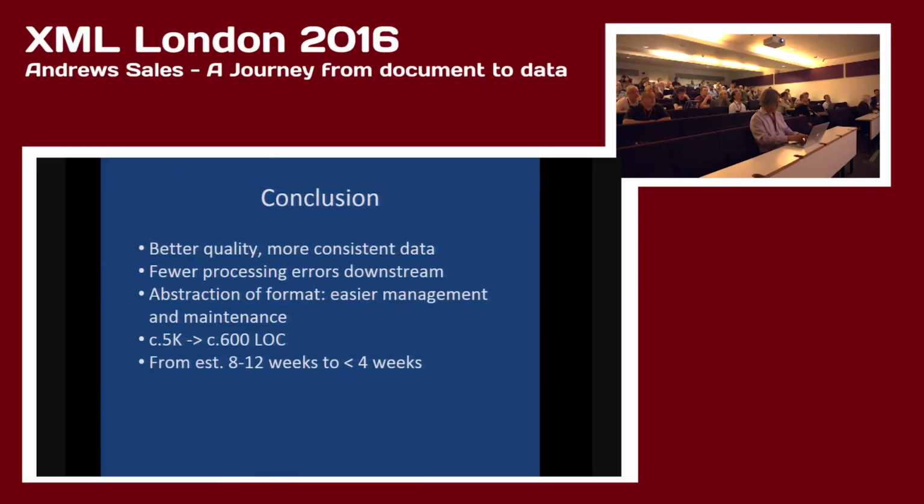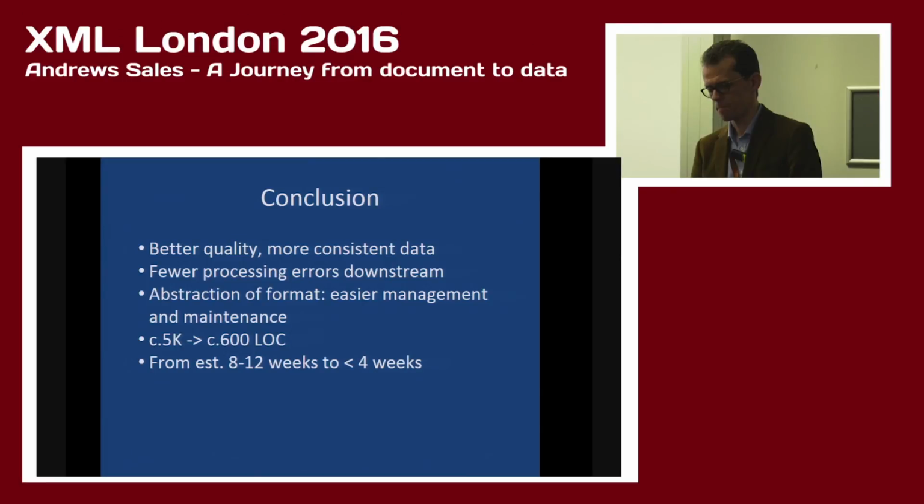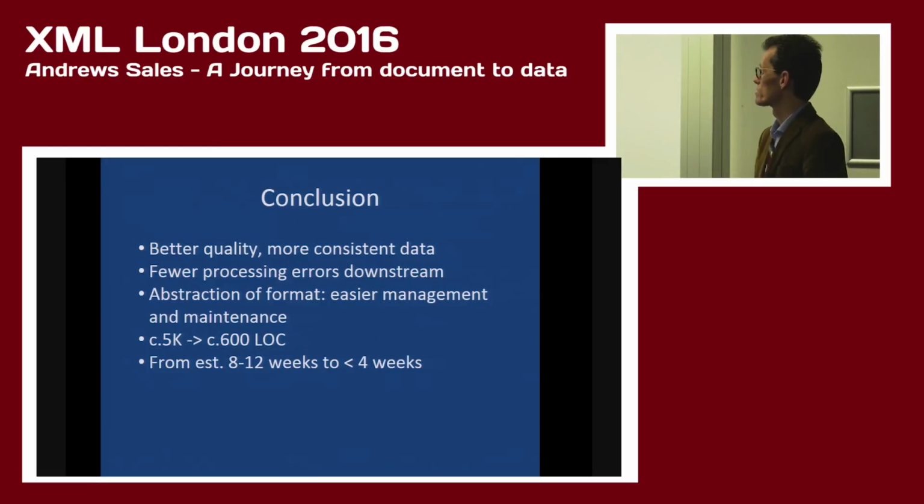And the conclusion in this case, that I draw at least, was that we got better quality and more consistent data. That's just a function of stricter validation, I guess. Fewer processing errors downstream. It was now not possible to publish something that was invalid, which was a step forward.